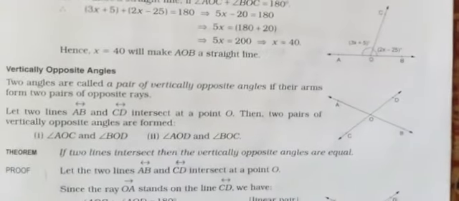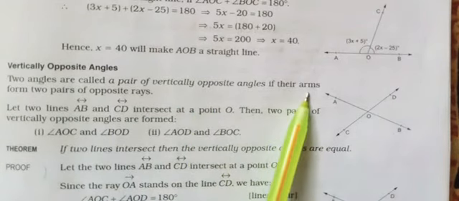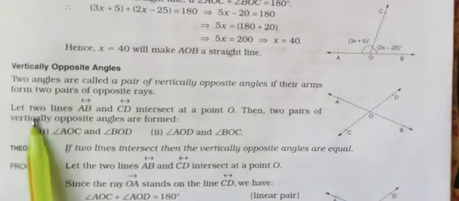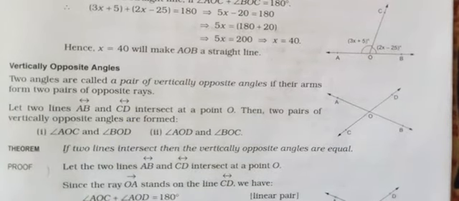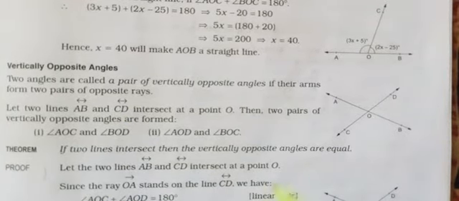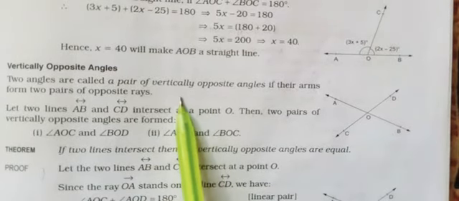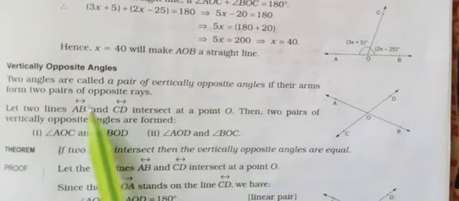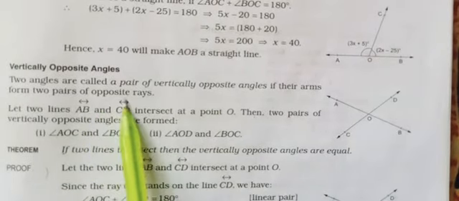Next, vertically opposite angles. Two angles are called a pair of vertically opposite angles if their arms form two pairs of opposite rays.